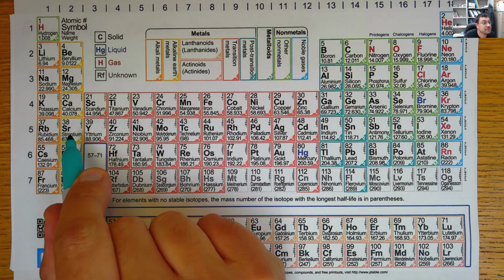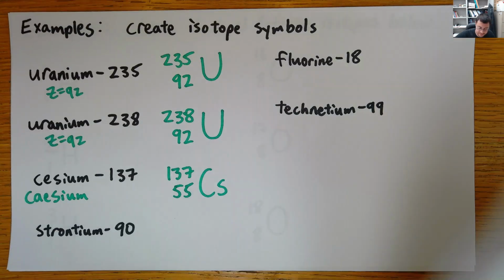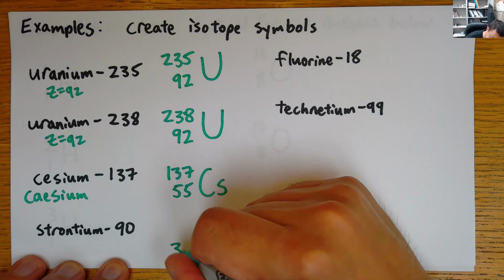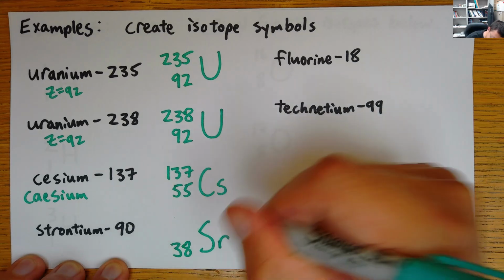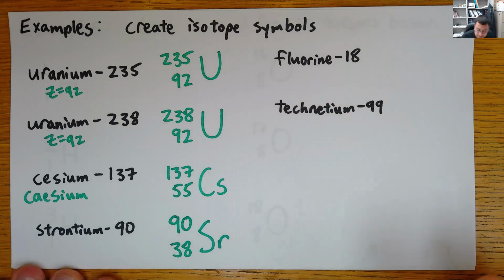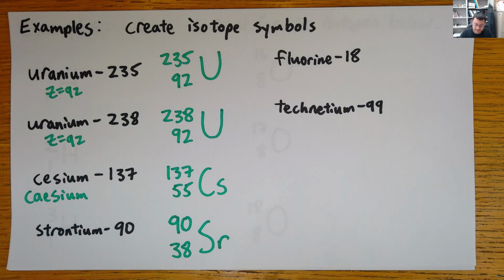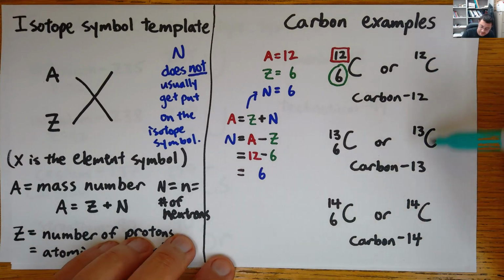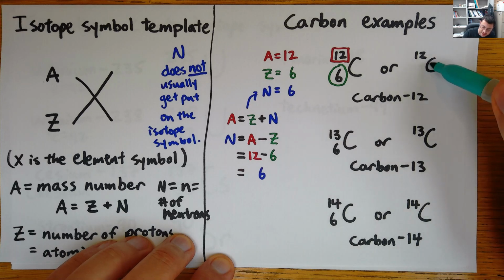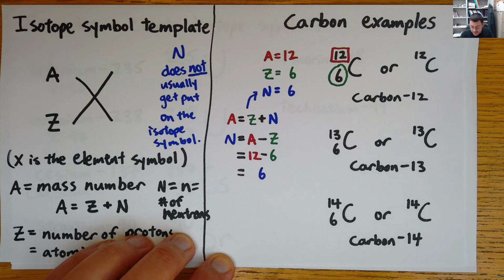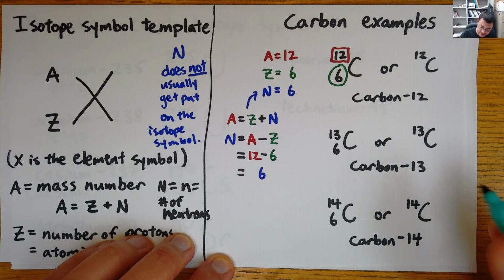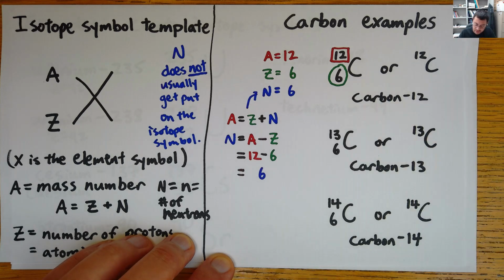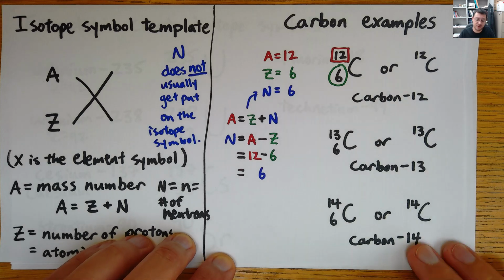There's strontium, number 38. All right, and you may have seen earlier, like here, I showed the isotope symbols without the atomic number Z. That is an option for writing out an isotope symbol, because just from the symbol, you'll already know what the element is, and therefore you know how many protons it has.